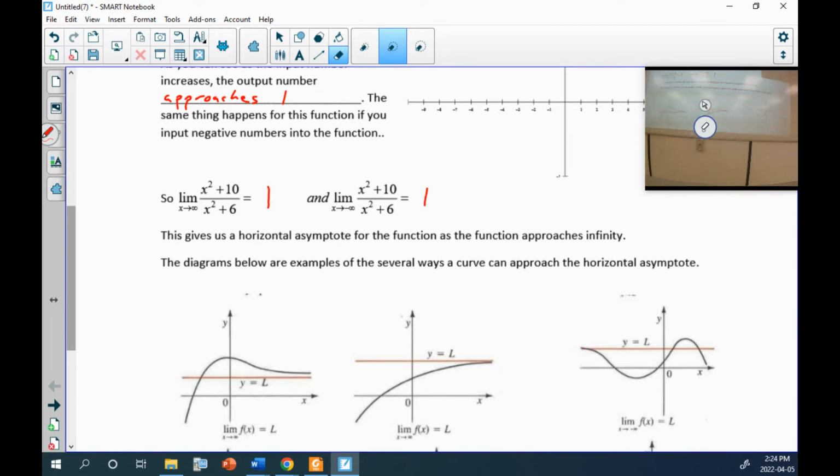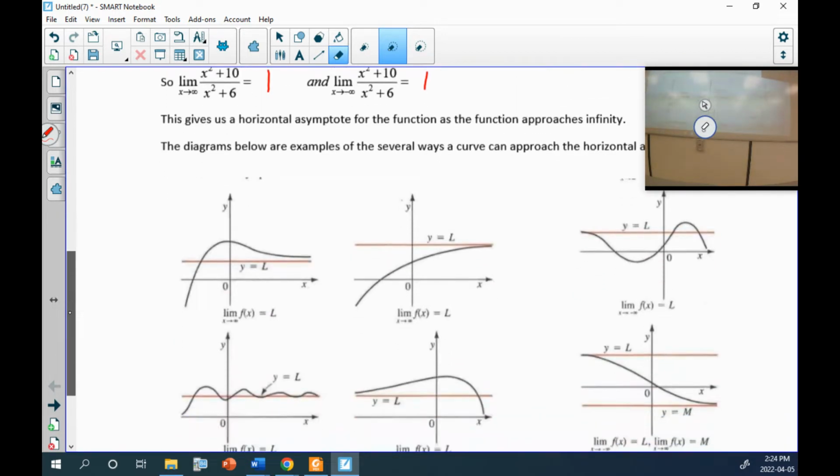So we know we have a horizontal asymptote. A horizontal asymptote is what is happening as the graph approaches the extremes, negative infinity and positive infinity. There are lots of times where we do cross over a horizontal asymptote.